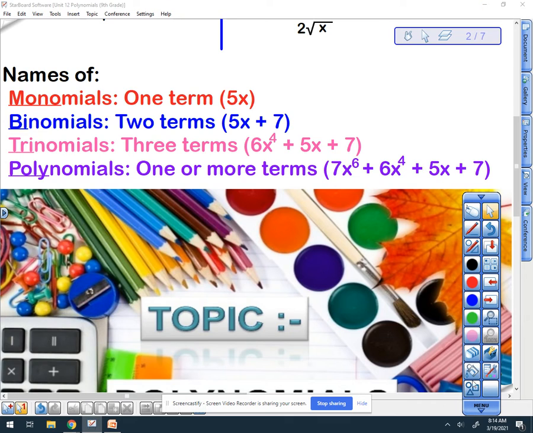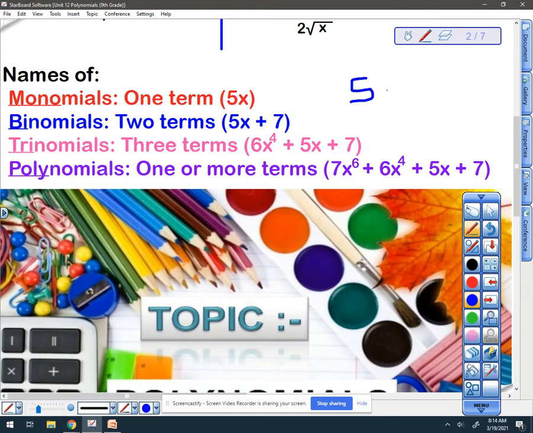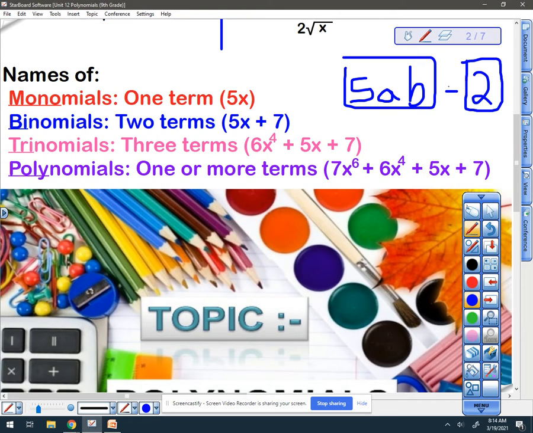So you'll get a question that will say you have 5ab minus 2. Name that polynomial. Well, there's one term, and then there's two terms. They're separated by a plus or a minus.